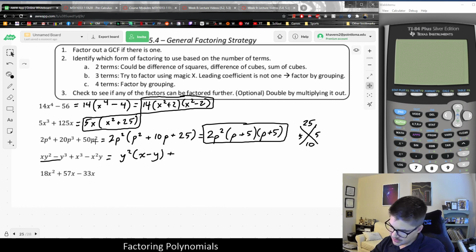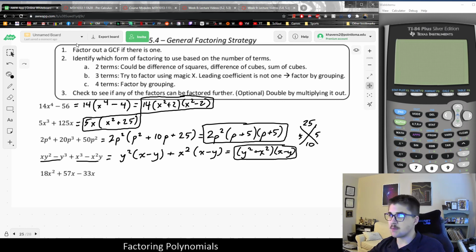And if I look at the second group, I have an x squared in common, which would leave me again with x minus y. Then if I complete the grouping, I'd have y squared plus x squared times x minus y. And since the first one is a sum of squares, this one can't be factored further, and that would leave me with my final answer.